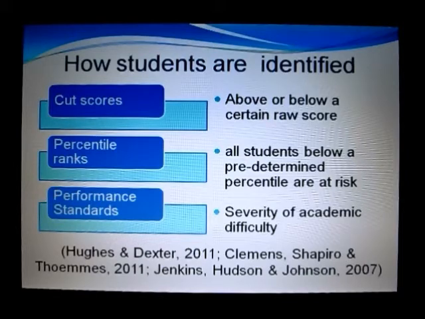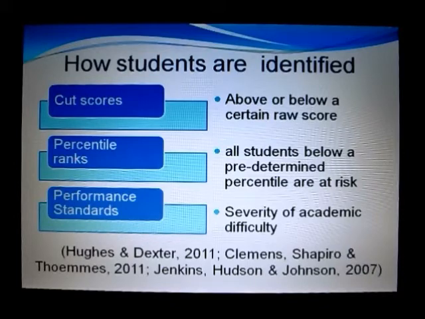The last one there is a performance standard. And a performance standard is the severity of academic difficulty. Essentially, you look at your grade level performance. So you have third grade students and they need to read 70 correct words per minute at the beginning of the year. And this could be according to DIBELS, it could be your state standard.